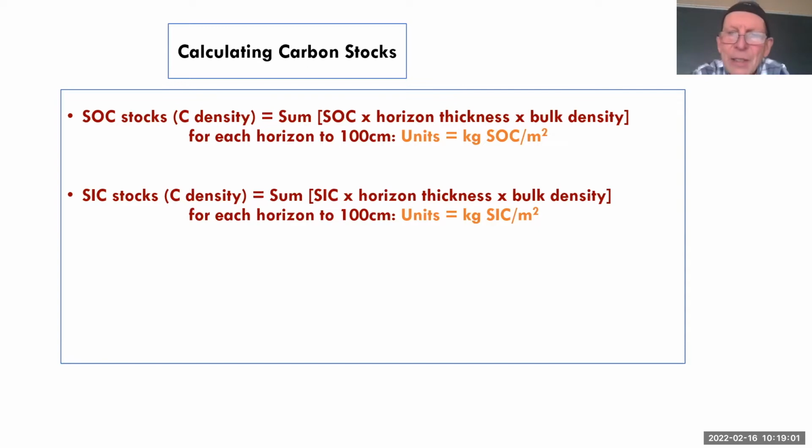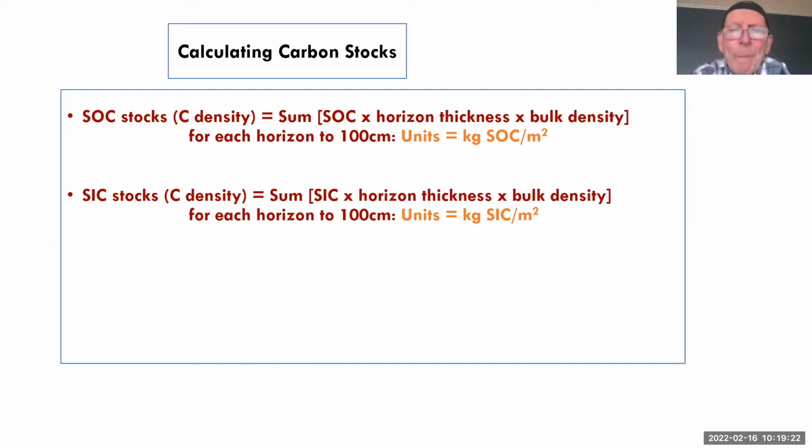So it's the density per unit area. So to get this carbon density over a particular area, you sum up for each horizon to 1 meter, the soil organic carbon times the horizon thickness times the bulk density.